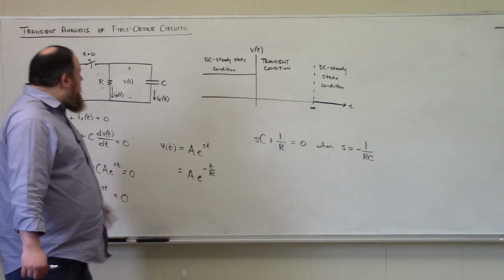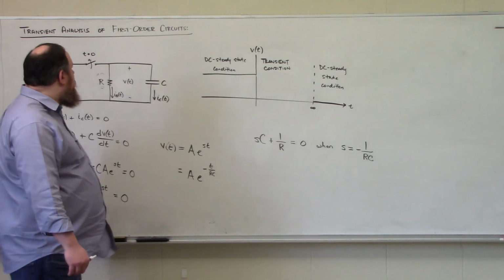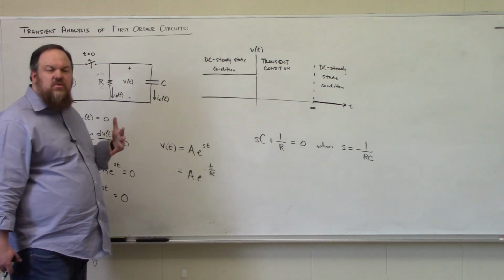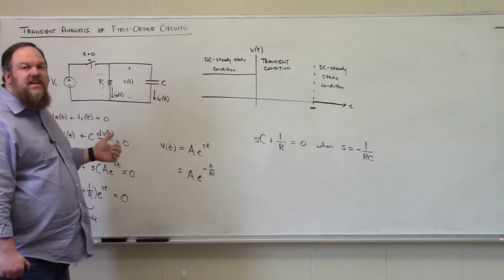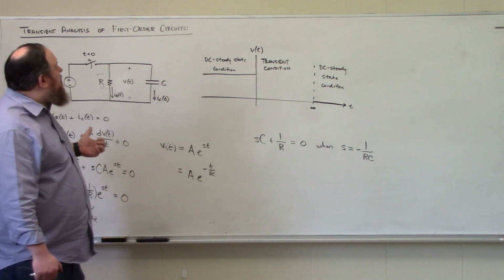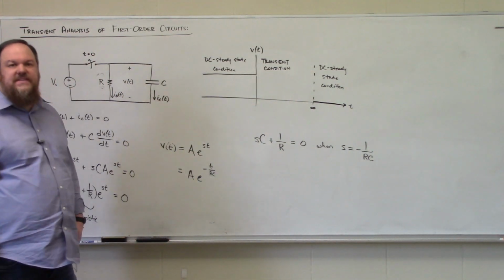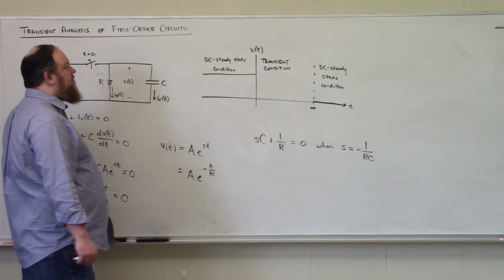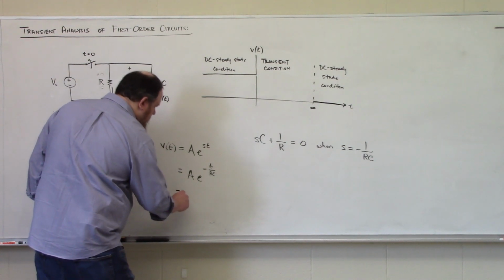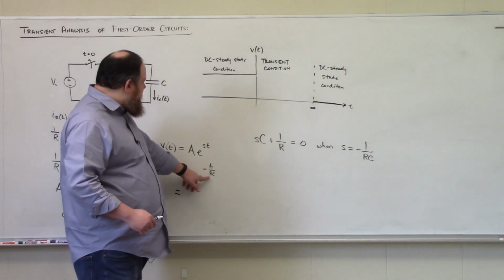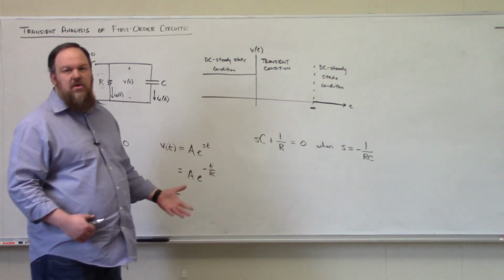To calculate this value of A, we need to think back to our initial conditions, right? We said that since the voltage drop over our capacitor cannot change abruptly, at t equal to 0 minus, our capacitor voltage had a value of Vs. And at t equal to 0 plus, our capacitor voltage had a value of Vs. So if we evaluate this expression at t equal to 0, then we would have e to the negative 0, which is 1.